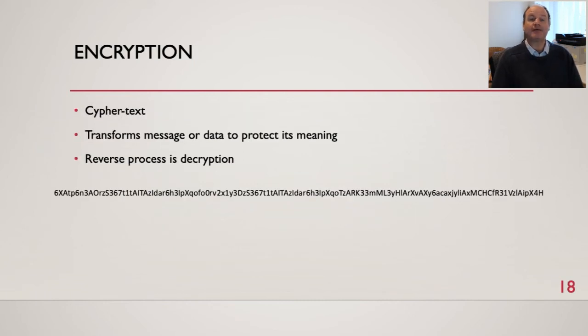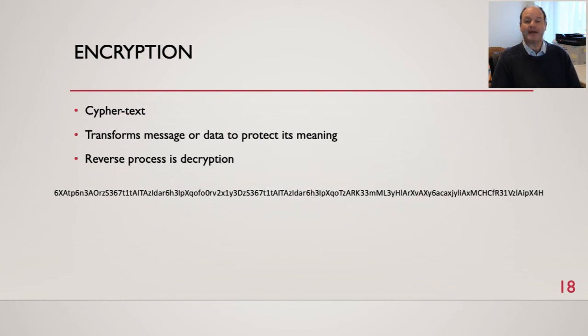As we have seen from the previous slide, one method of data security is encryption. We will look at encryption in more detail in the network topic, but here we will give a definition of what encryption is. Encryption, also called ciphertext, is the process of transforming messages or data to protect the meaning.